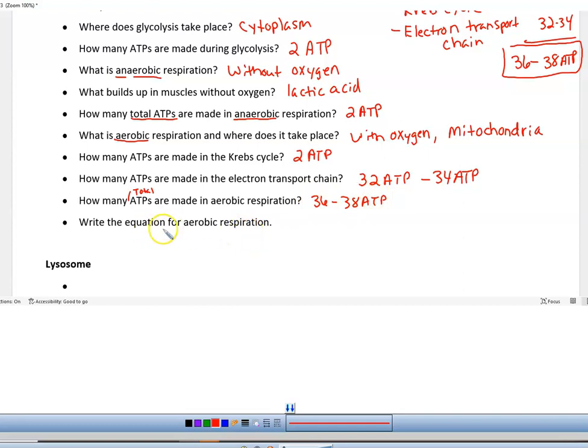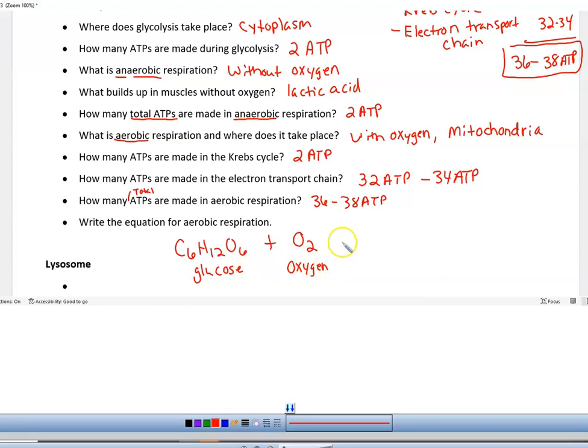So we're going to do, this is on your Unit 1 test, aerobic respiration. So you start with glucose. Glucose is C6H12O6. That's glucose. You need oxygen. That's for us to breathe.